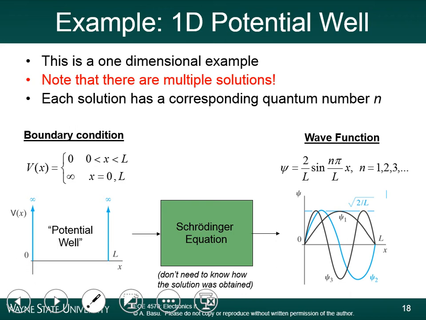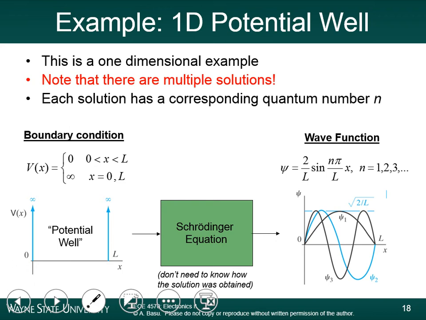Does anyone remember what they were called when you have multiple solutions to the equation? You have different functions that can be solutions to the equation. You may or may not remember this. They're called eigenfunctions. Has anyone heard that term before? Eigennumbers and eigenfunctions? All right. Exactly.